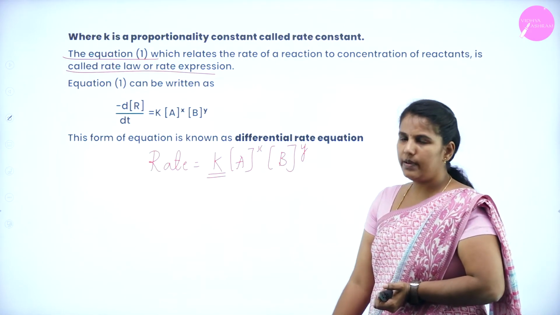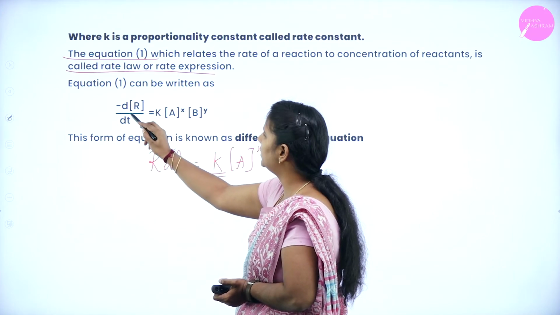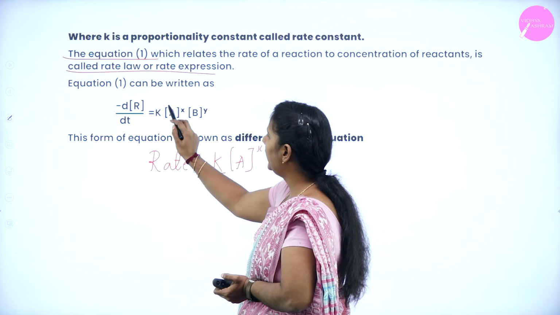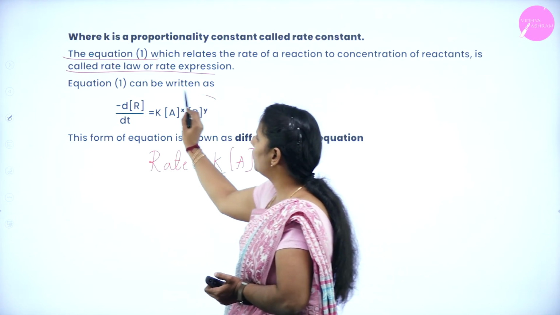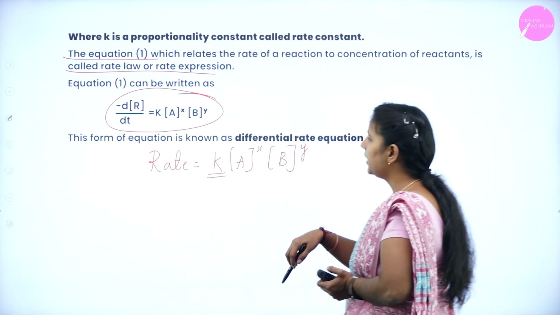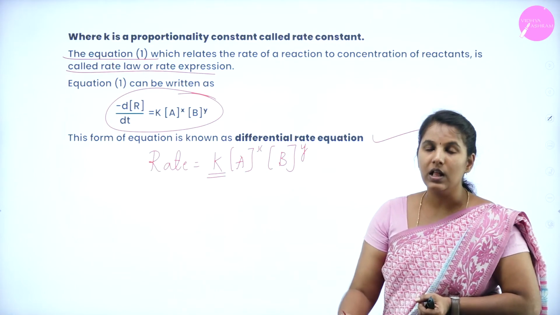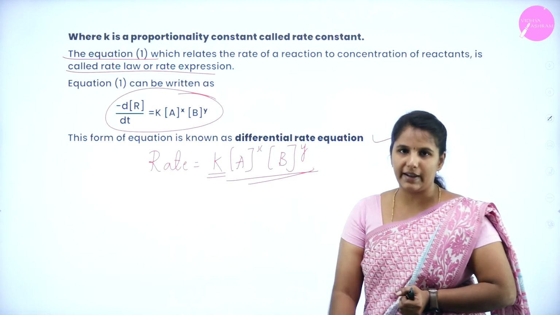So that can also be written as minus d of the concentration of the reactant divided by dt, which is equal to K into the concentration of A to the power X and the concentration of B to the power Y. This form of writing the rate equation is also known as the differential rate equation, because we are expressing the rate of reaction in another mathematical form.